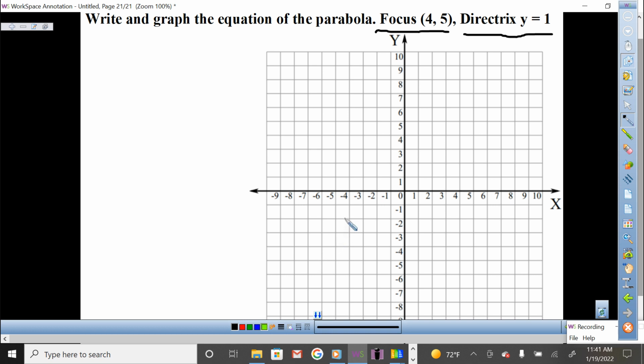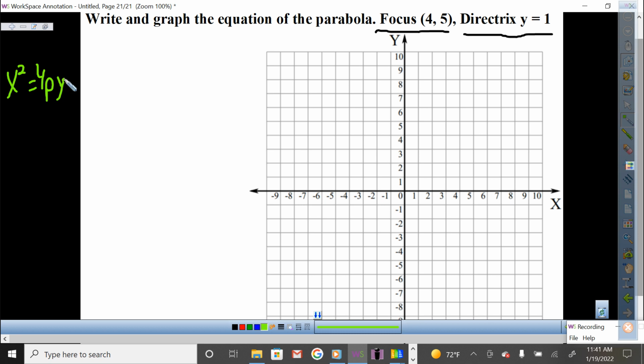So let's see. Look at the Directrix. Y equals something. So if this was going through the point of origin, which is not, but if it was, what would be our equation for Directrix y? It would be 4py equals 2x squared. Is that correct? Yes.